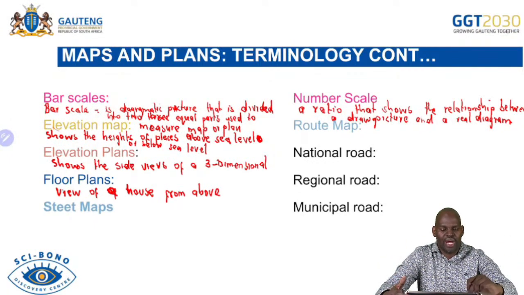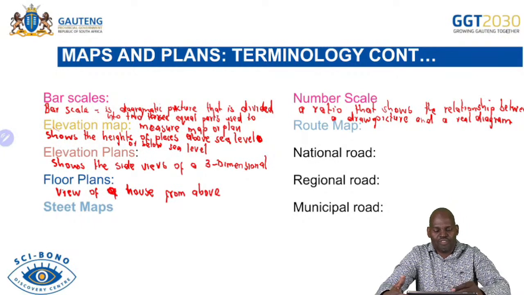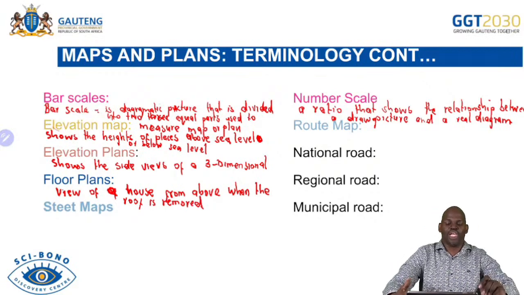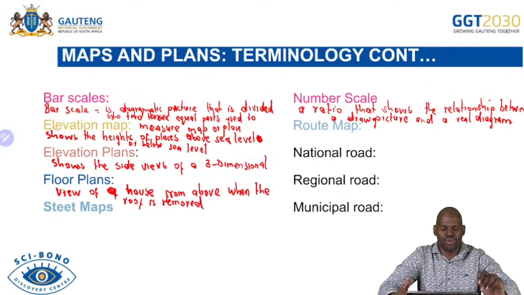So the floor plan is the view of a house from above when the roof is removed.